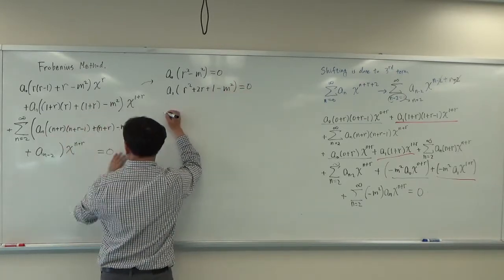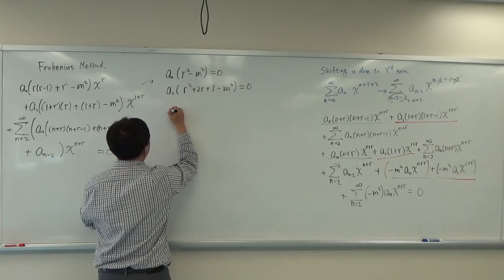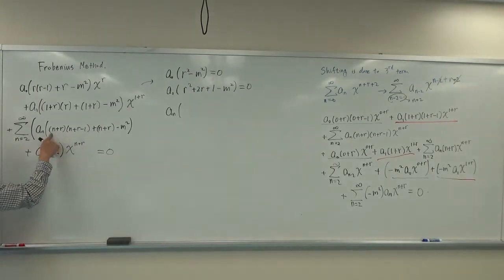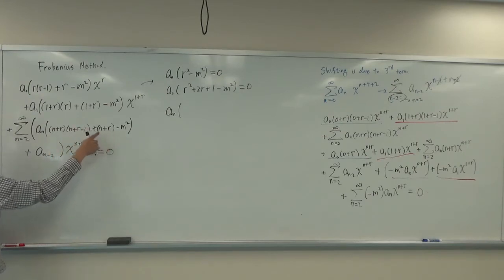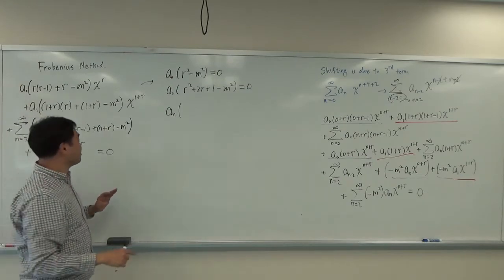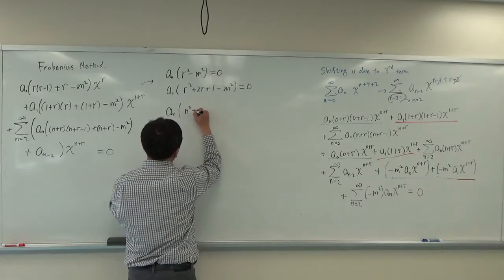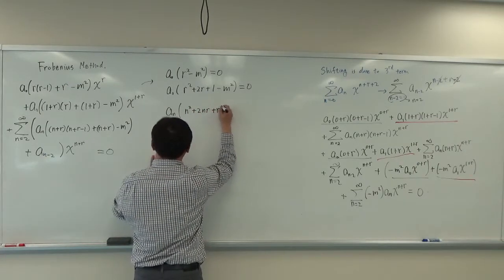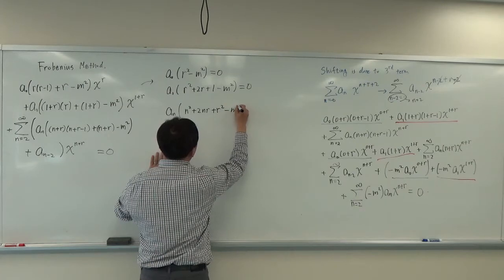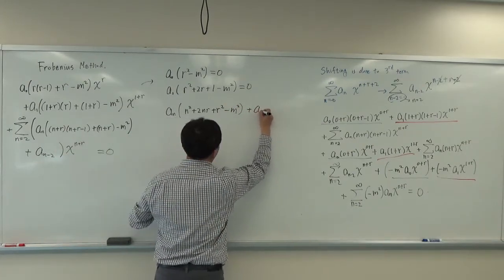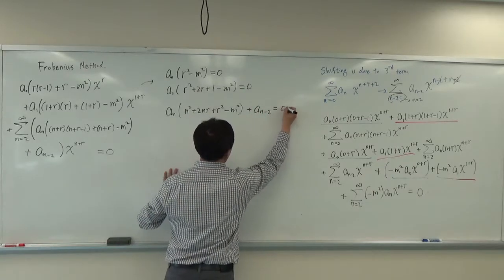And this one is rather huge, but I think I know what it is. It's a_n. If you multiply this out, you get n squared, nr, negative n, nr, r squared, negative r, and then you have n and r. If you expand everything and simplify, you're going to get n squared plus 2nr plus r squared minus m squared in here, okay? And then plus a_(n minus 2) would be 0.